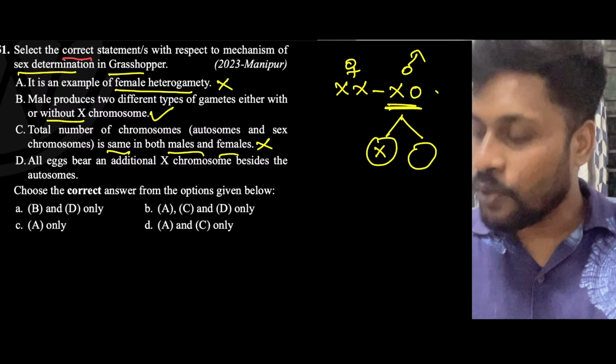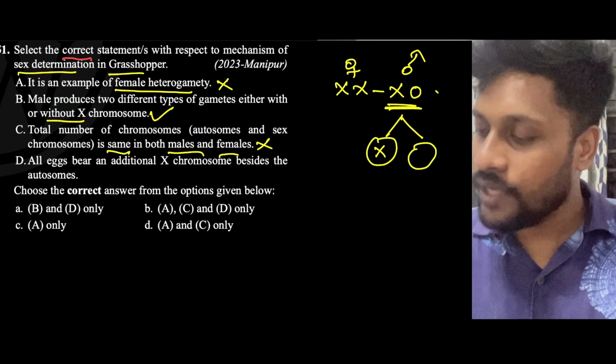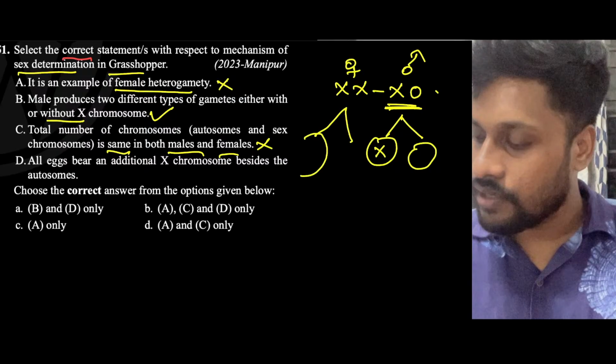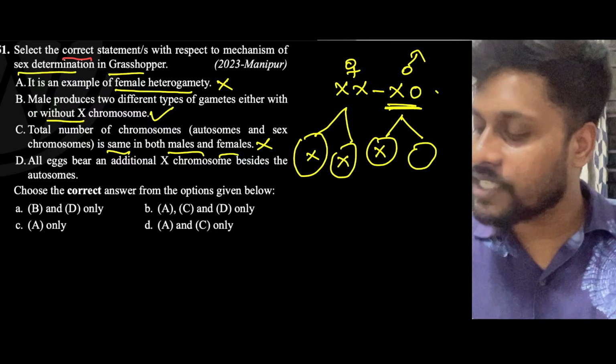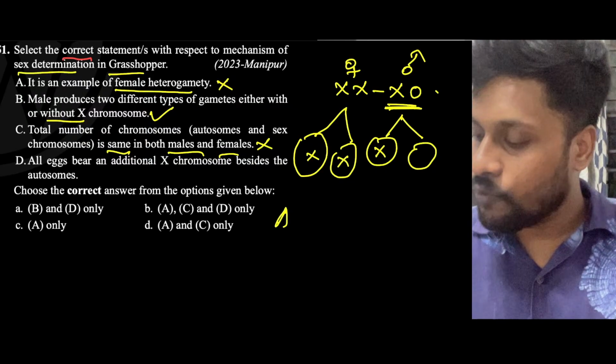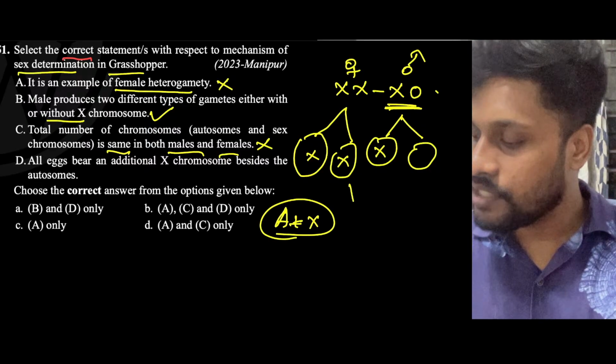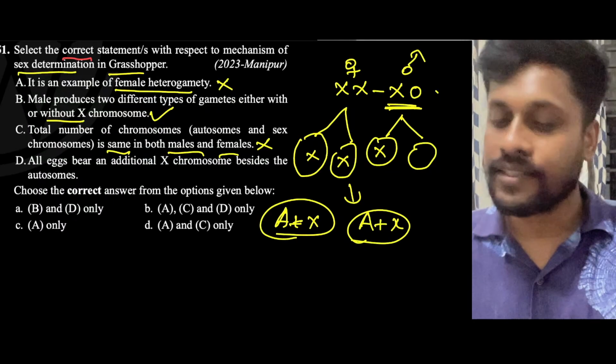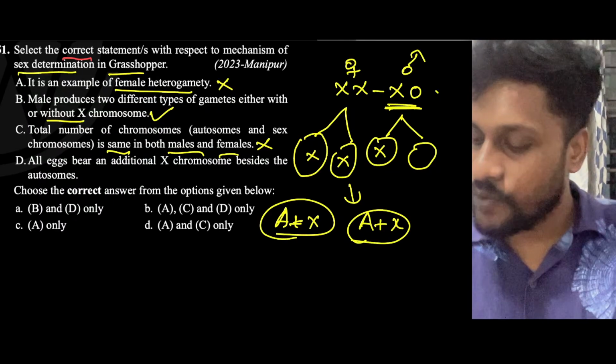True, right? Because this can form two types of gametes, guys. Both having X. Both having X means what? One autosome plus X chromosome. Then this means autosome plus X chromosome, right? So in this way, this is also correct.